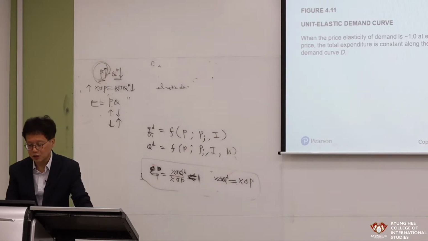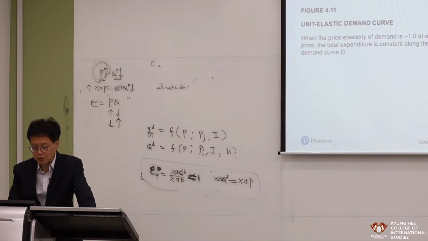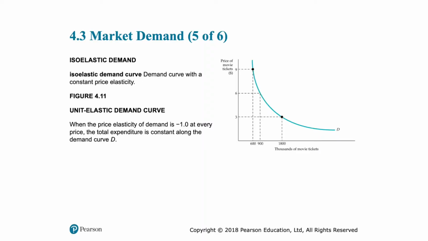That is a unit elastic demand curve. When the price elasticity of demand is -1 at every price, total expenditure is constant along the demand curve.